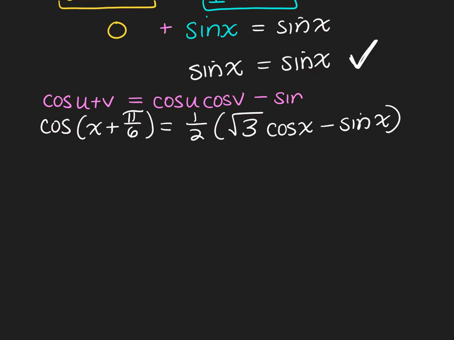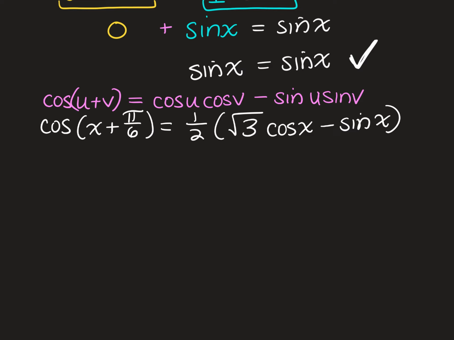Cosine of u plus v is the same as cosine of u times cosine of v minus sine of u times sine of v. And then we ask ourselves, what is going to replace u in our expression?